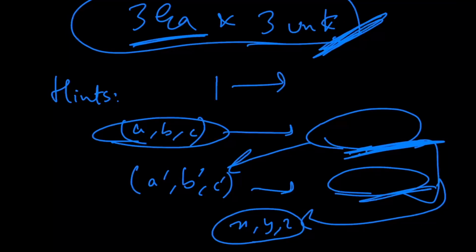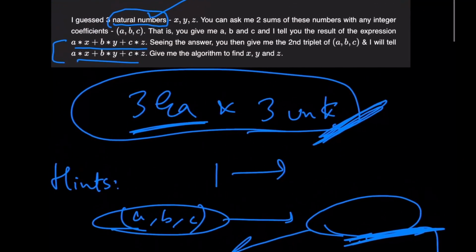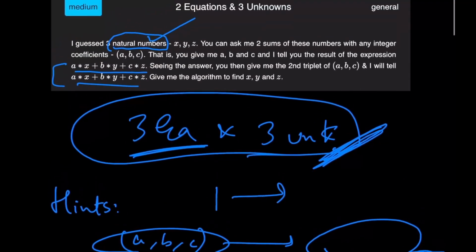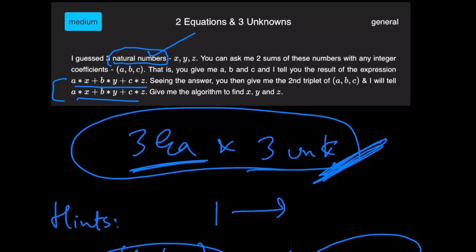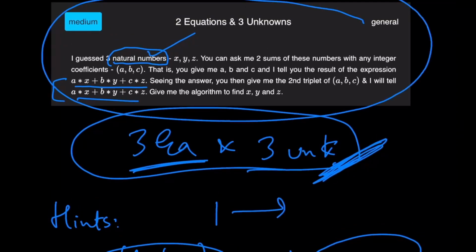So now I'll be talking about the solution, the actual algorithm that we could implement to figure out the three unknowns. And by the way, this algorithm is such that even if the entire question was the same and there were four unknowns, it would still work, or rather five or six, or all the way up to n unknowns.